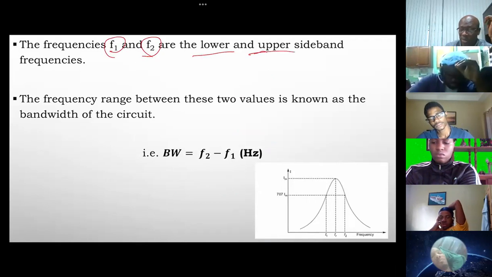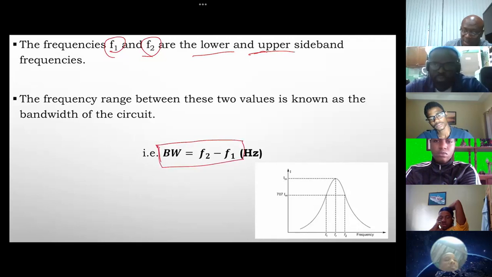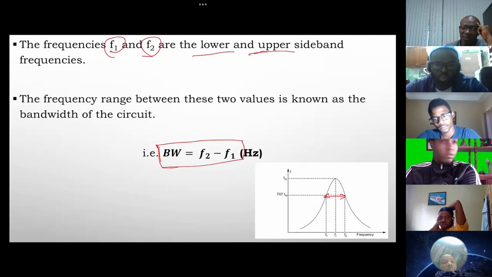If I find the range between these two frequencies, that is referred to as the bandwidth of the circuit. So the bandwidth of the circuit is the range of frequencies between F1 and F2.